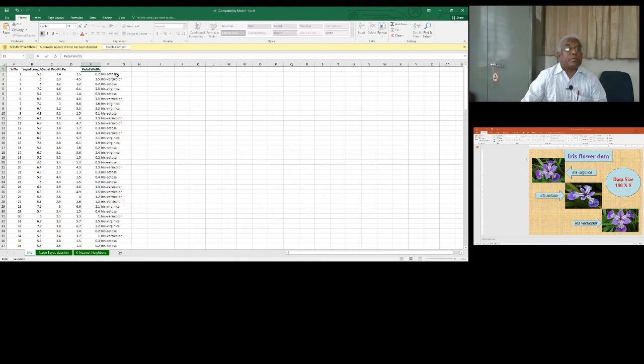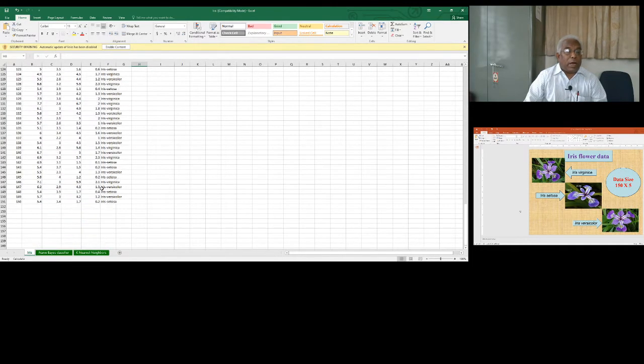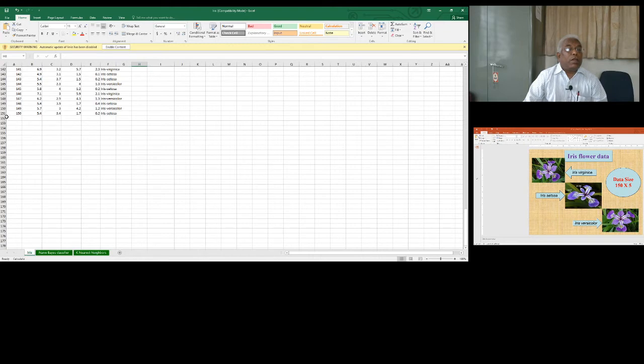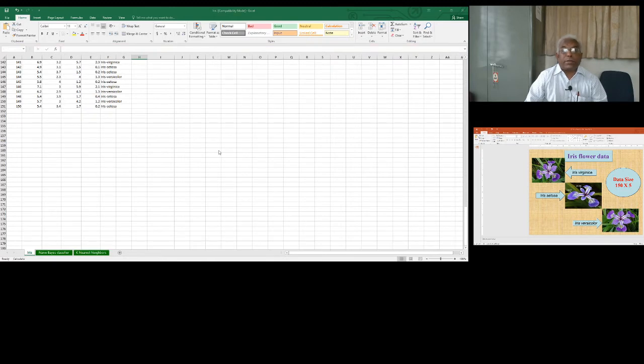These are the species you can see here. Now, the problem is, I have these 150 data points. I have information about 150 flowers.